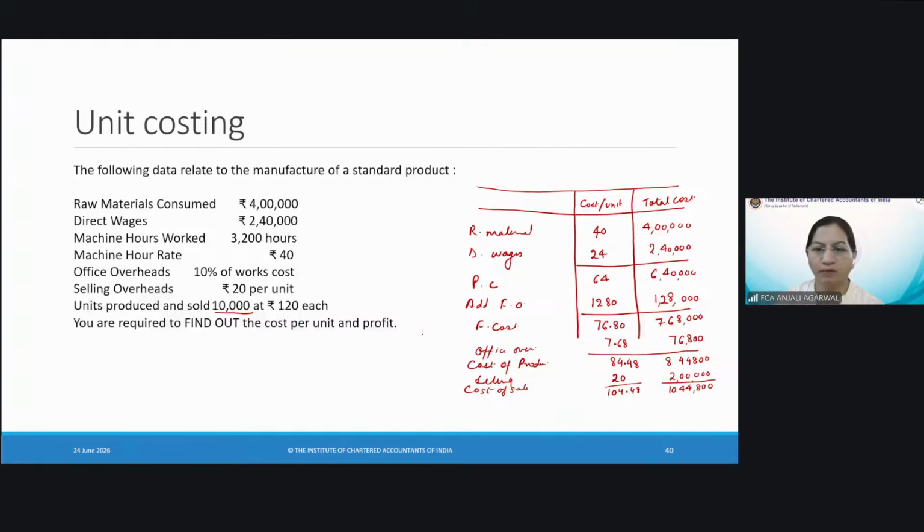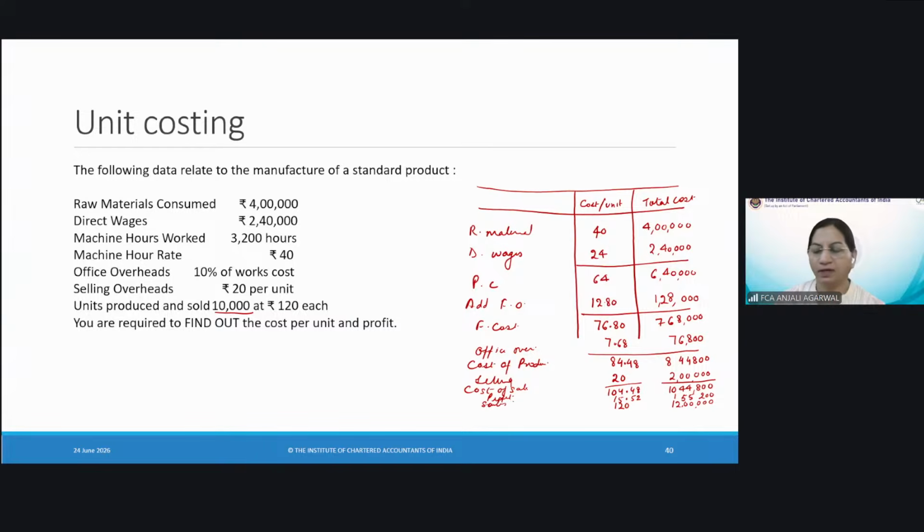Now they are sold at 120 each. So if they are sold at 120, your profit will be 15.52. 120 into 10,000, 12 lakhs. And when 10,44,800 is subtracted from 12 lakhs, you get 1,55,200. So this is your per unit also and in total also.